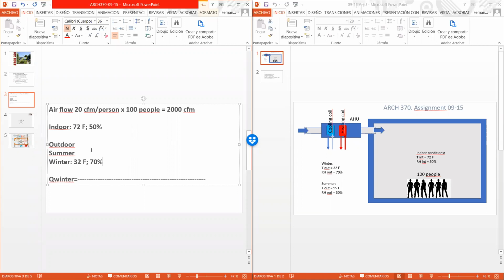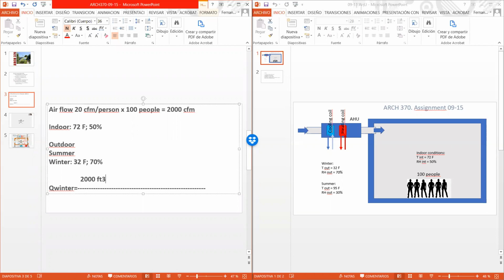So what is the thermal load in winter? Here, we have to multiply the airflow, it's 2000, and we are going to work with units because working without units is confusing.